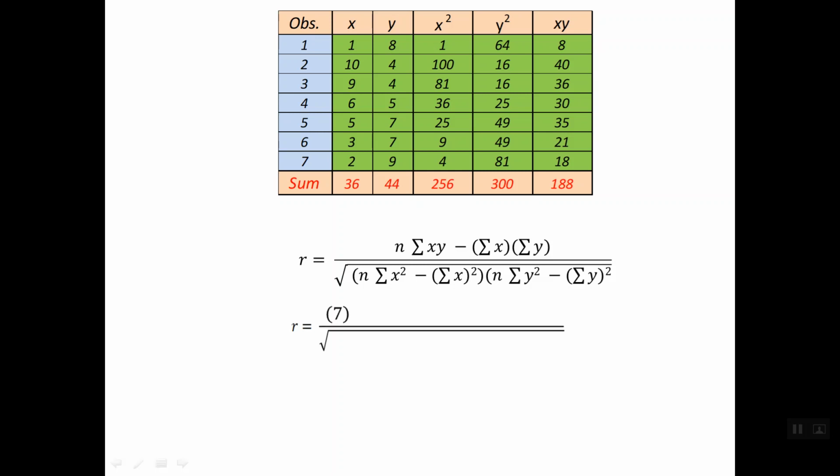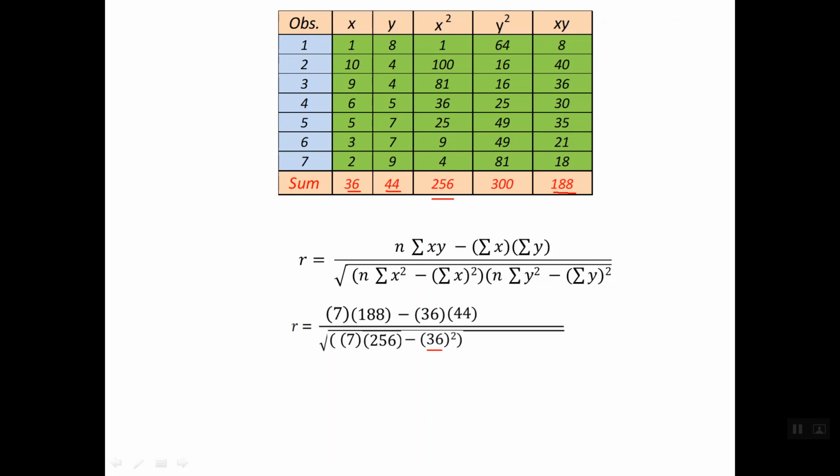So n, which is the number of observations, is equal to 7. Summation of xy is 188 minus summation of x, which is 36, times summation of y, which is 44, divided by the square root of n, 7, times summation of x squared, which is 256, minus the summation of x, which is 36, all squared.